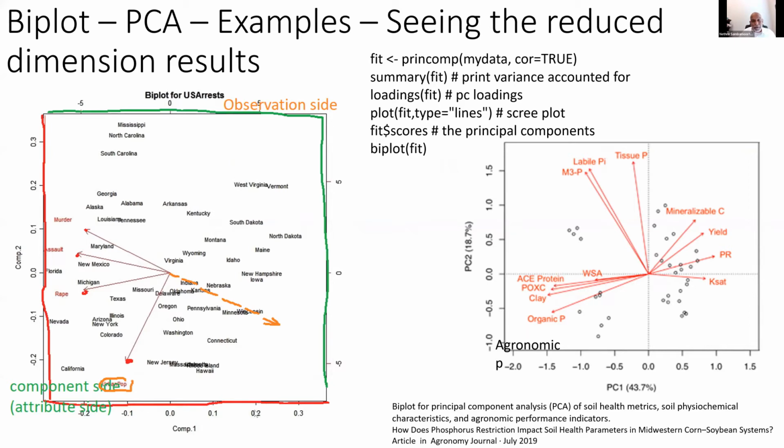Same thing here in terms of another application. This is called a biplot. We use the first principal component horizontally and the second principal component vertically. This is another one, first principal component horizontally, second principal component vertically. The first principal component explains 43 or 44% of the variance in the data with one dimension.